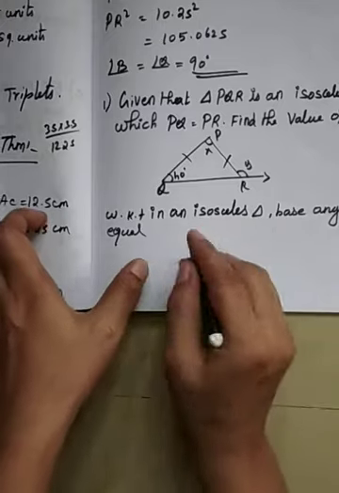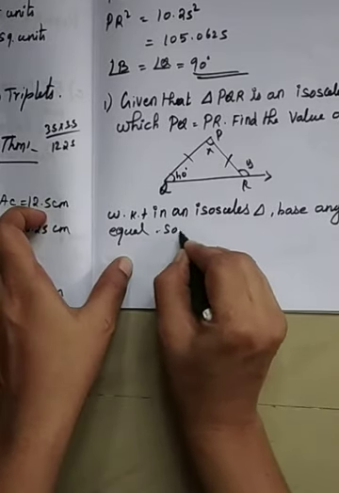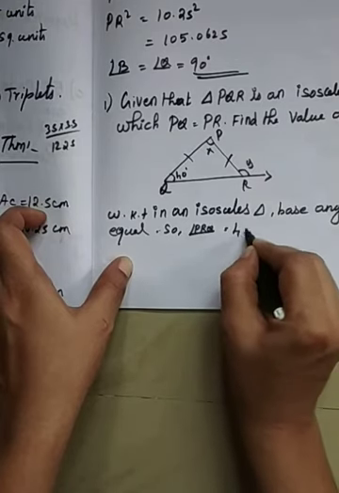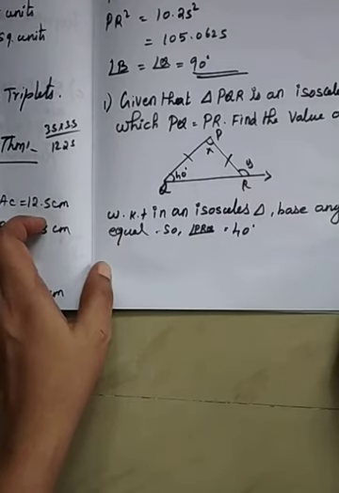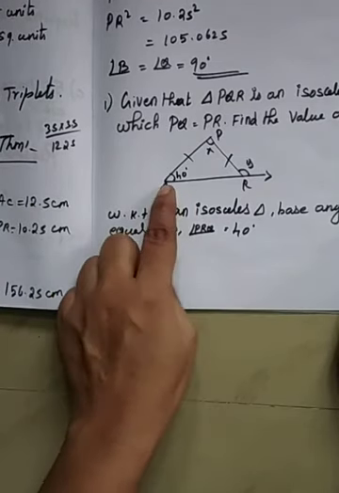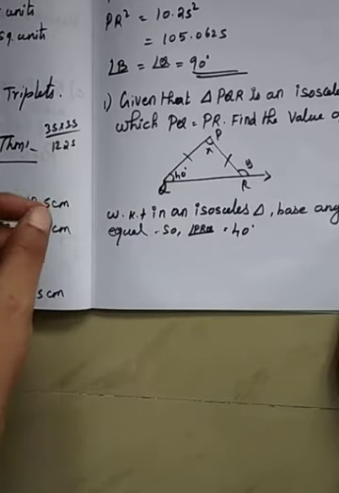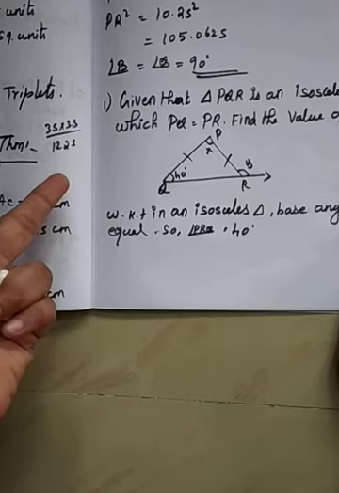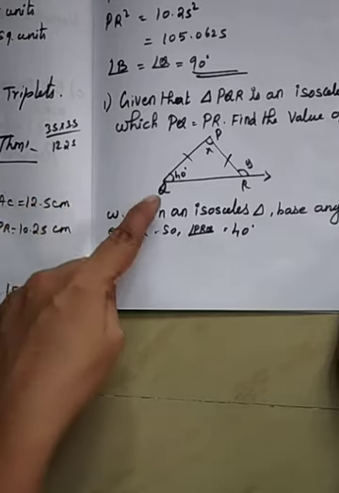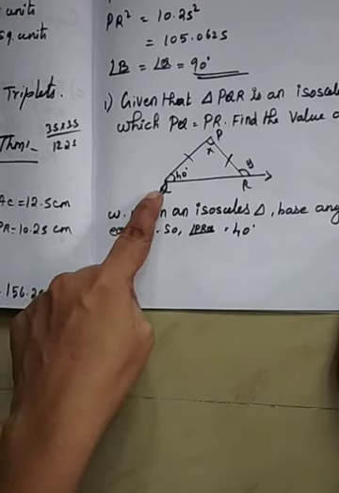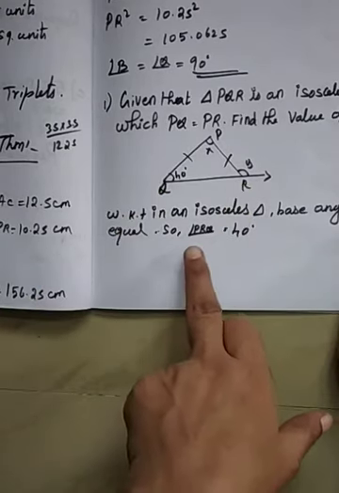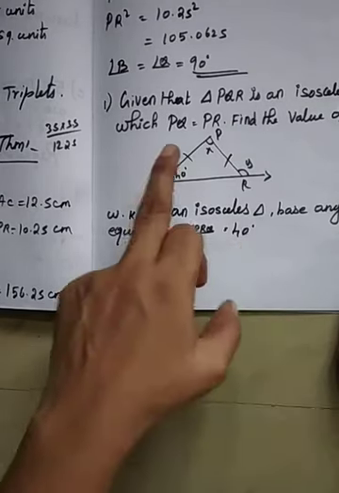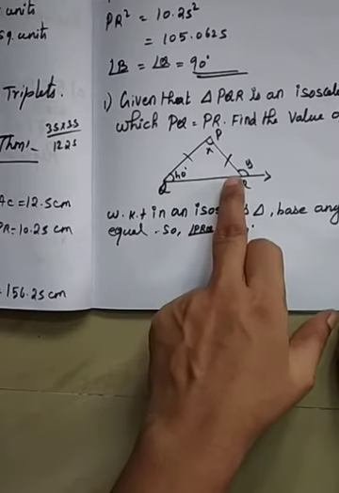So the angle PQR is 40 degrees. The given triangle is isosceles, so base angles are equal. This is 40 degrees, so this one is also 40 degrees. That means the angle PRQ is equal to 40 degrees.